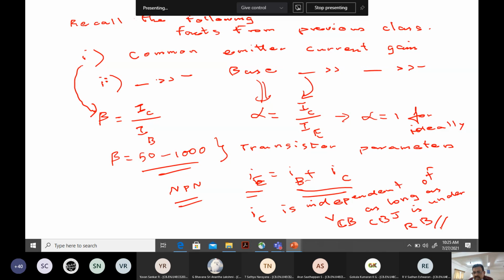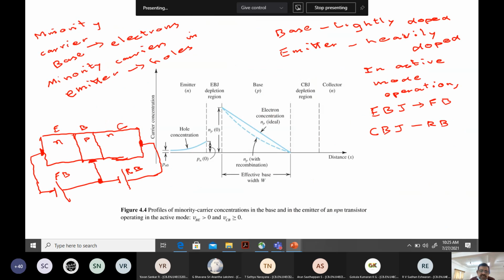So collector current is only dependent purely on the base emitter voltage, VBE, not VCB, because that junction is under the reverse bias.